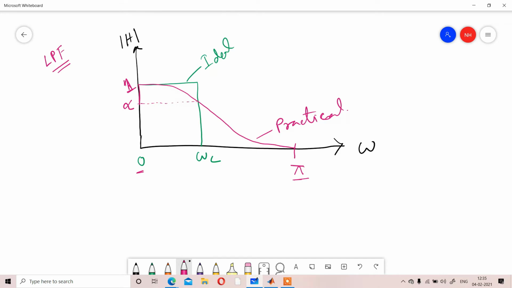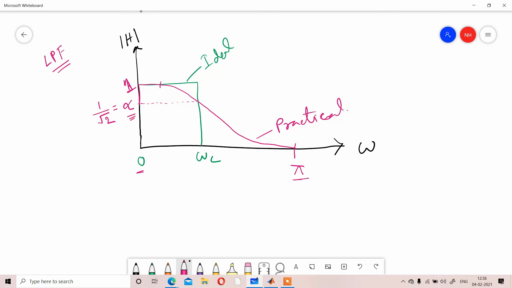Whatever range of frequency you get between 1 and alpha is acceptable. Up to that it is 1, after that it is less than 1. So if we multiply this, the signal will be somewhat different, but that difference is acceptable. Always keep in mind that the value of alpha is defined as 1 by root 2.